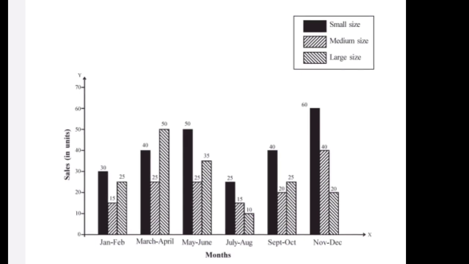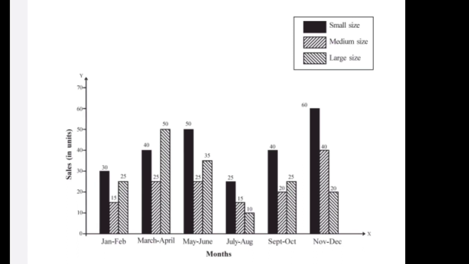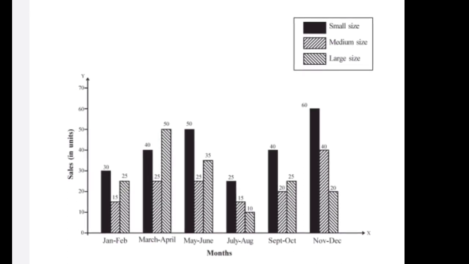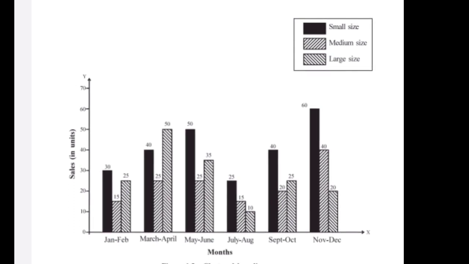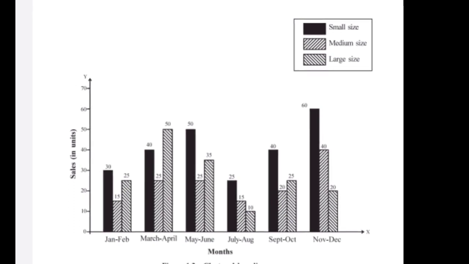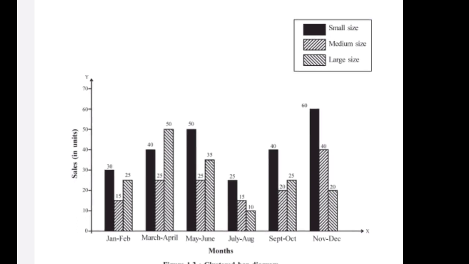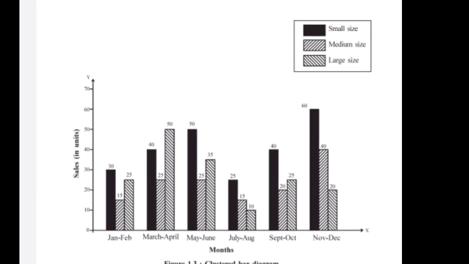We can say the first month, January, February, the size is small size, medium size and large size. We have to give them different identification like dotted lines and blank or black. So we can say easily that small size is 30, medium size 15 and large size 25.